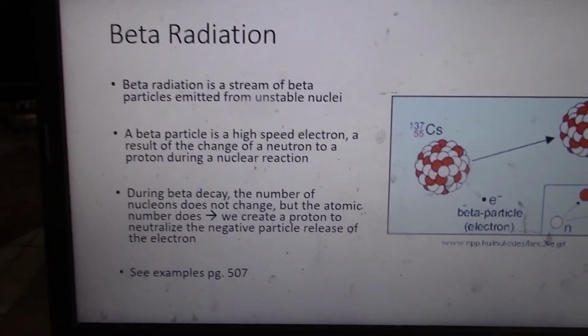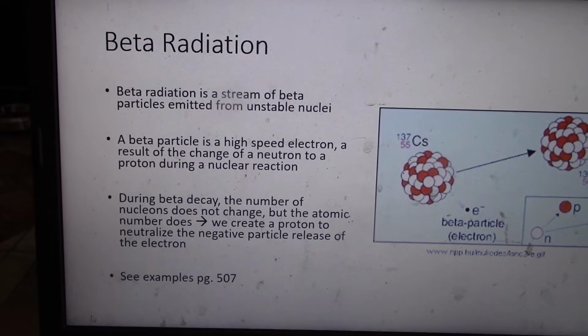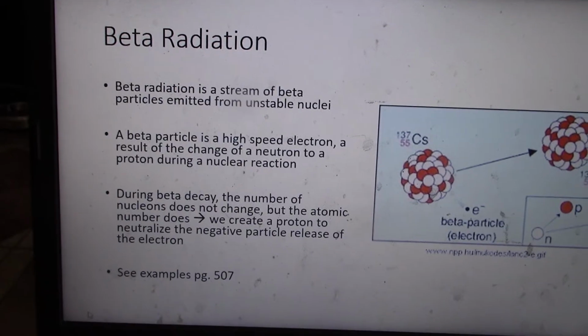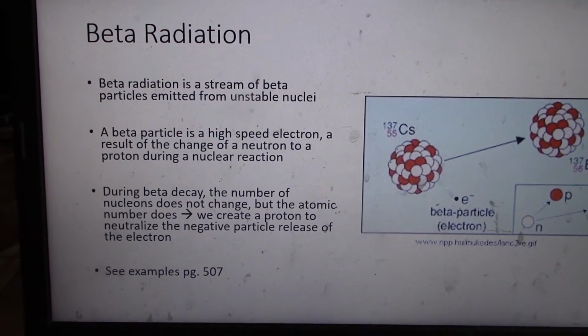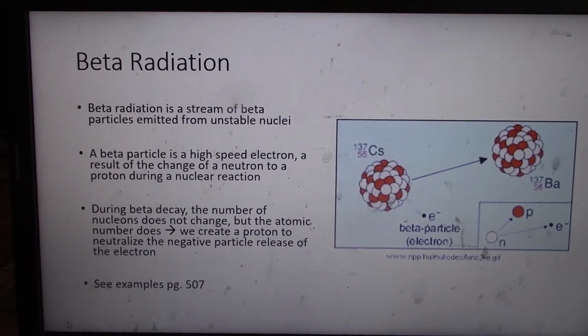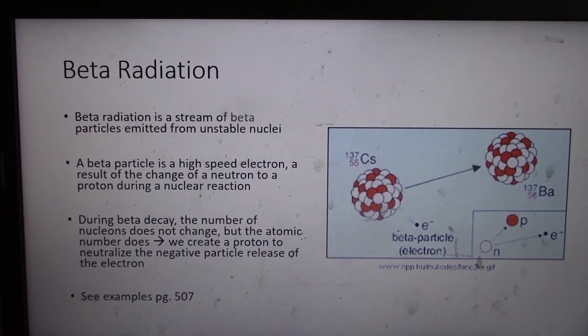Beta decay is another thing that you do need to know as well. Beta radiation is a stream of beta particles emitted from unstable nuclei. A beta particle is a high-speed electron. When an atom destabilizes and beta decay occurs, a neutron is converted to a proton.